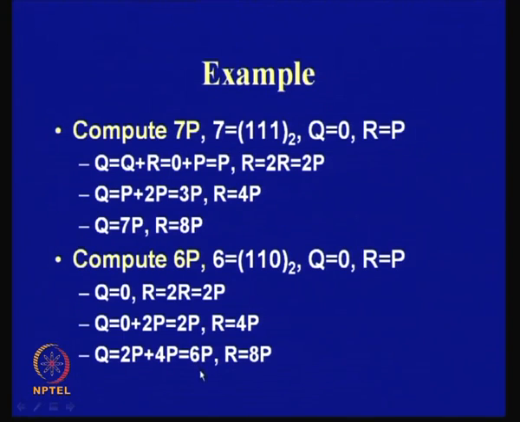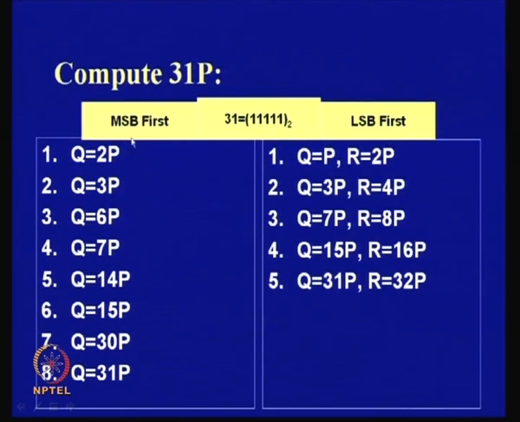So, you see that you can still do the computation of 7p and 6p, where in this case you are parsing from the right and going to the left. There are small implications whether you are doing it from left to right or from right to left, which you can use to your advantage depending upon the platform and constraints where you are implementing. One example here shows that if I want to compute 31p, this is the MSB first approach and this is the LSB first approach.